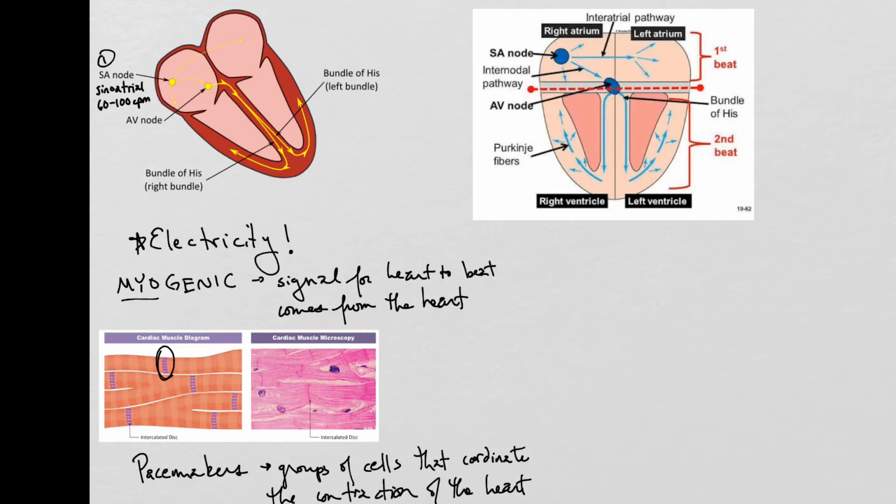So it's the SA node sends out these electrical signals, which are propagated through the atria, through those intercalated discs. Wow, I just said a whole bunch of stuff there. So the SA node, and let's write it right up here, sends out signals that are propagated.